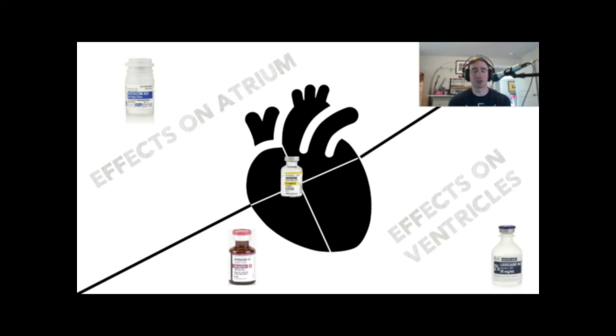Now, calcium channel blockers generally work on atrial arrhythmias. Cardizem, or diltiazem, is a calcium channel blocker. When we're talking about treating the ventricles, generally sodium channel blockers are the best. So we give lidocaine. Lidocaine is a sodium channel blocker. All right.